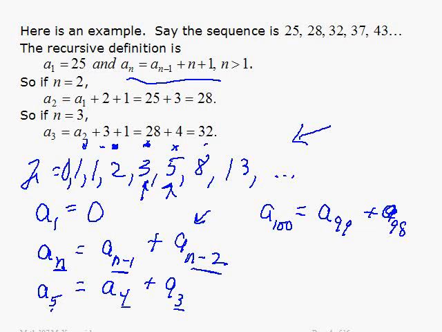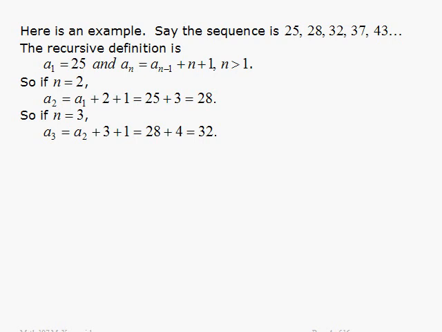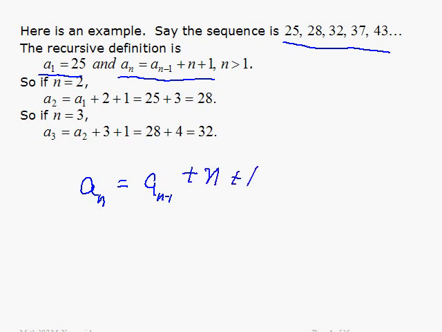Now we'll look at the other sequence up here that's typed. Here's the sequence we're talking about, so we specified the first one, and then here's the rule. Let's just say this is the rule, we'll just kind of verify it. So the term I want to compute is equal to the previous term plus whatever the counter value is plus 1. Okay, let's try that.